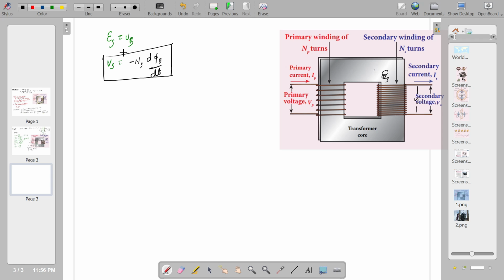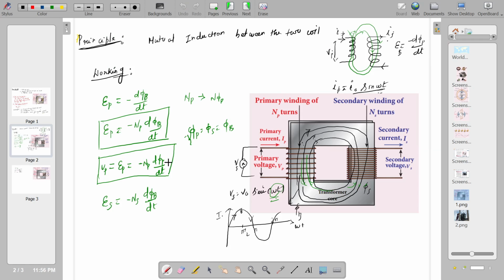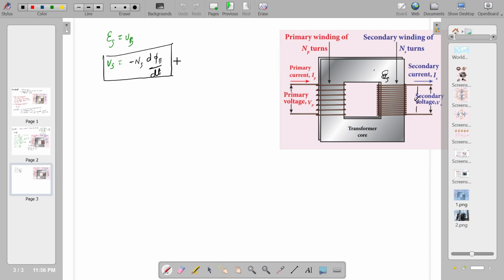We know already from that, if you are just dividing these two equations, this is equation number 1 in the primary, and this is equation number 2 in the secondary. Dividing 1 by 2, the left hand side is Vp divided by Vs, equal to minus Np dφp/dt divided by minus Ns dφs/dt.